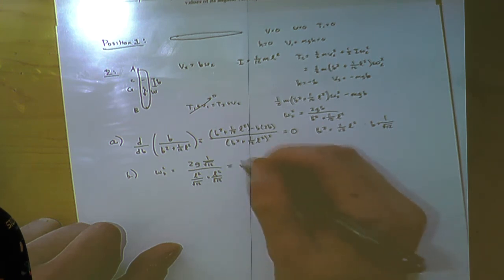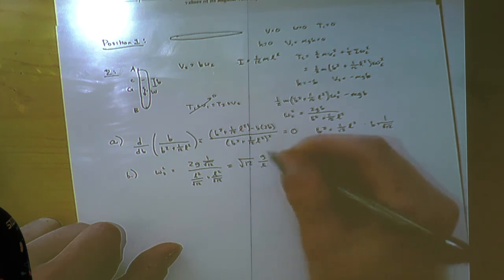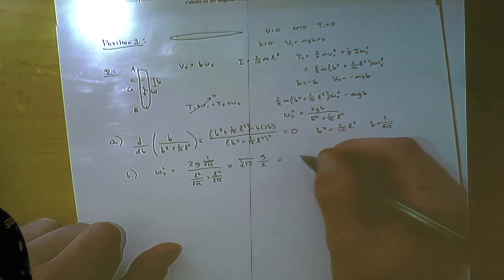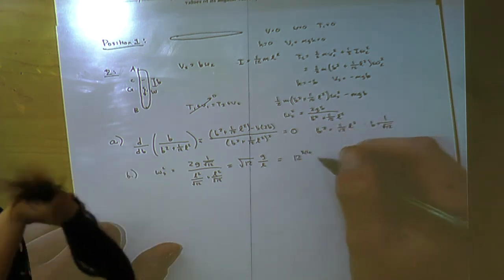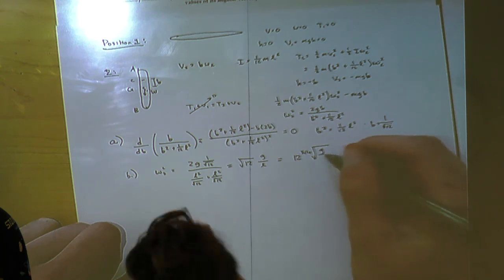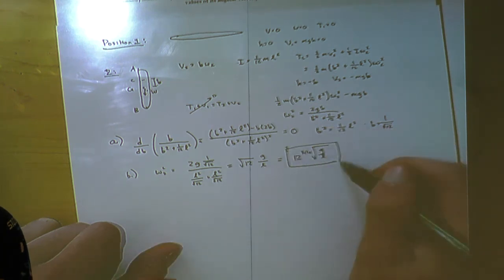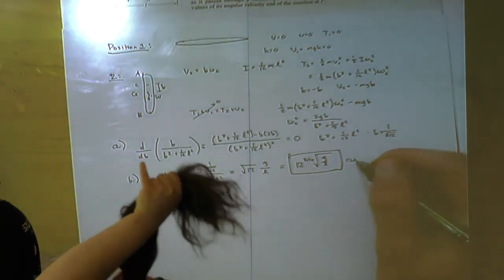It's going to be equal to the square root of 12 times g over L. So it's going to be 12 to the 3/4 times the square root of g over L. And that's our W2.